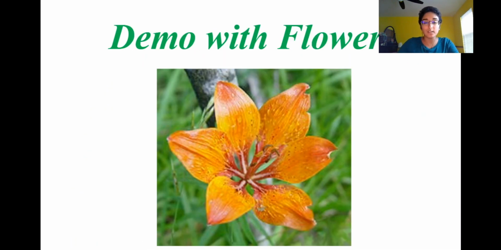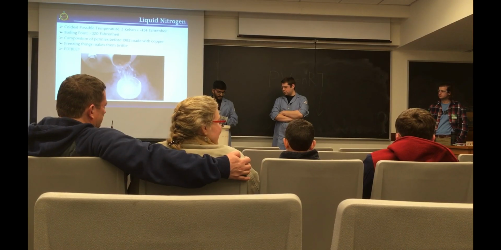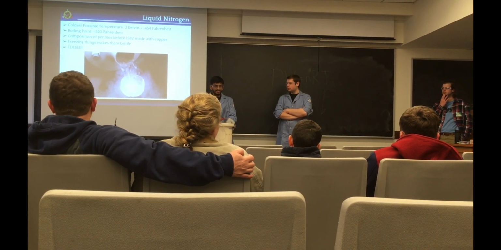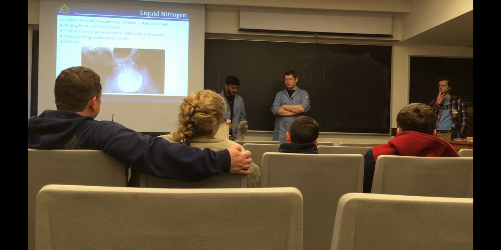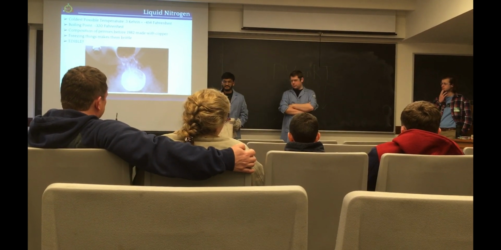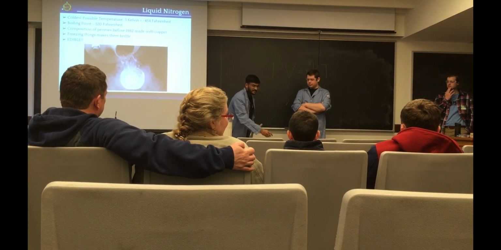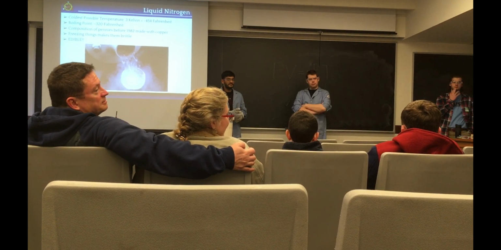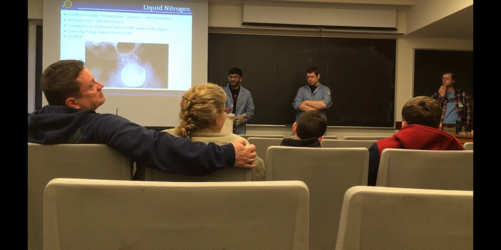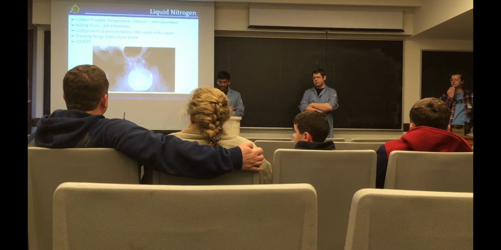Let's go ahead and take a look at what happens when we submerge a flower in liquid nitrogen, and then we'll just drop it on a table. If I were to submerge the flower in liquid nitrogen and I were to smash it against the table, the sound that it makes, is it going to sound like this? Or is it going to sound like glass? Like glass? Anyone else have another guess? Yeah? Glass? Wait, what? Like the plastic? Okay. Do you have a guess? Okay.